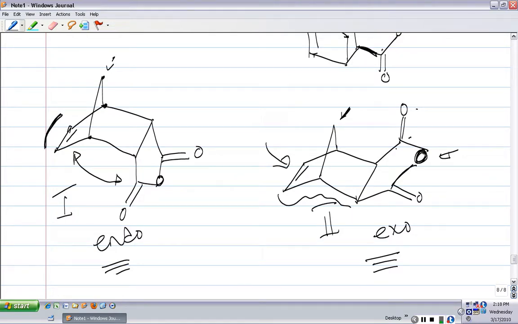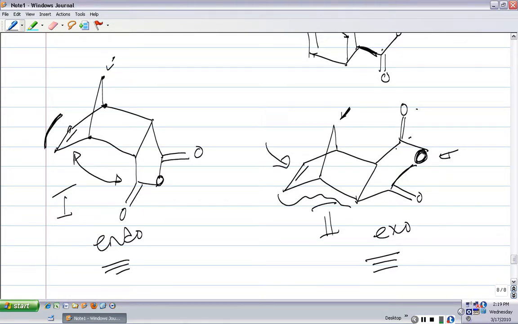So the question I'm going to ask is, what are the factors that affect the formation of the endo compound? Let's pick the endo. If I hold the endo compound, you can probably see that I've got my carbonyl groups here. Behind the carbonyls, or exactly behind them, is my carbon-carbon double bond.